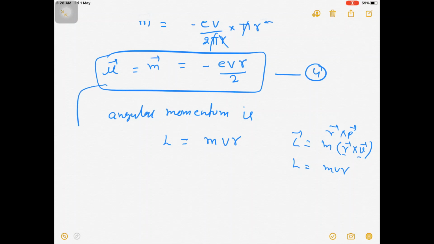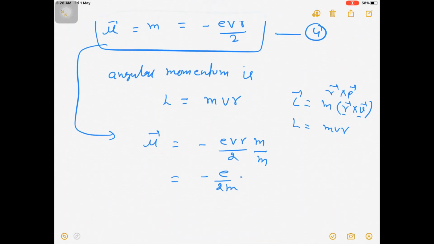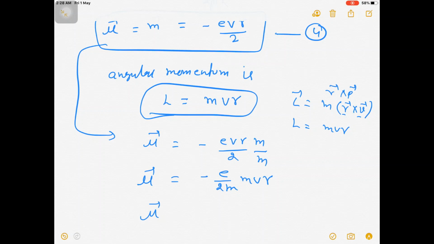So from this equation I can write mu vector equals minus e v r into m divided by m. Now I can write minus e by 2m into m v r, and m v r is nothing but angular momentum.